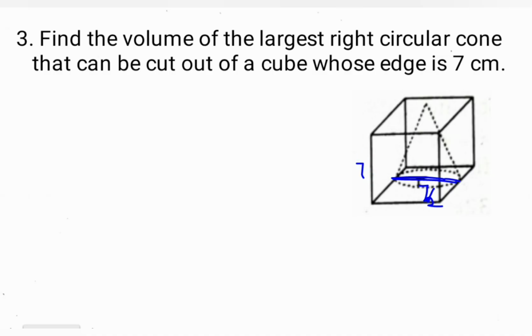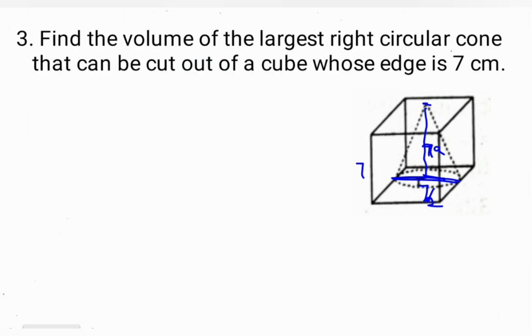The height of this cone is the same as the height of the cube. So now the radius is 7 by 2, the height of this cone is 7 centimeters, and we need to find the volume of the cone.